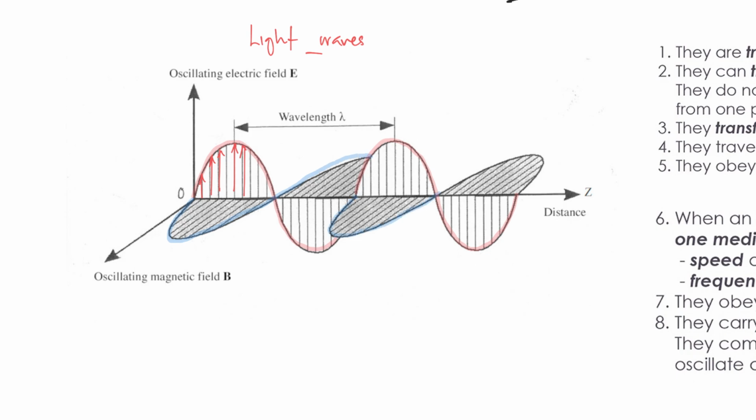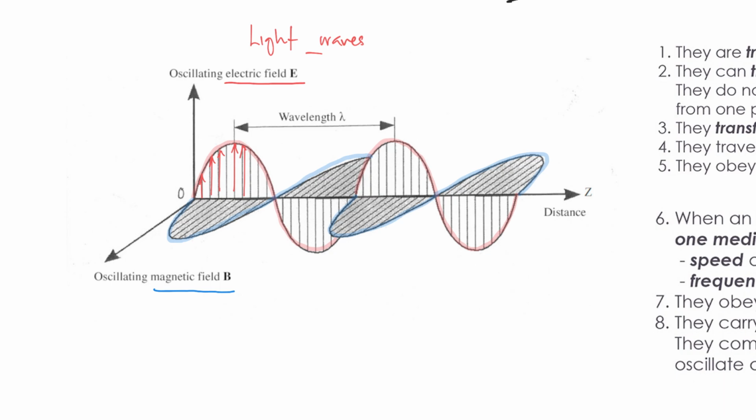So you've basically got 2 transverse waves which are perpendicular to each other, and they sit on an axis. Now the one transverse wave is generating an electric field, and the other transverse wave is giving out a magnetic field.